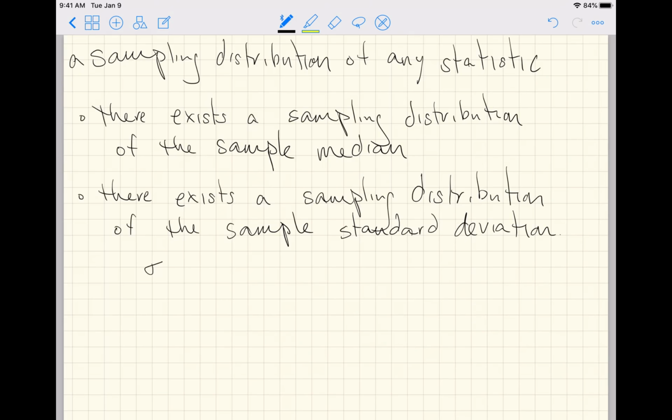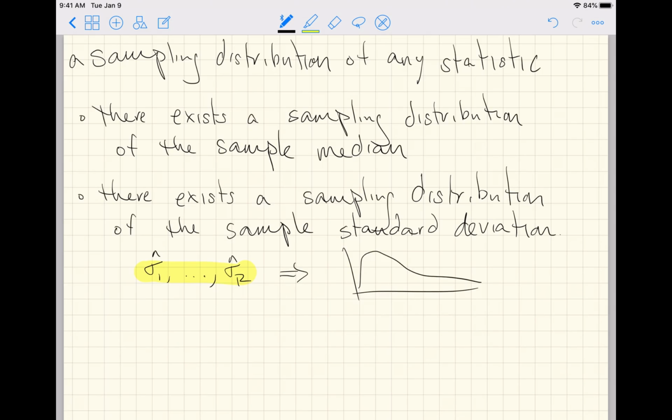Let's call it sigma hat 1. And then this is you and your capital R friends each took your own random sample, and each of you calculated your own sample standard deviation. The collection of sample standard deviations has a shape.